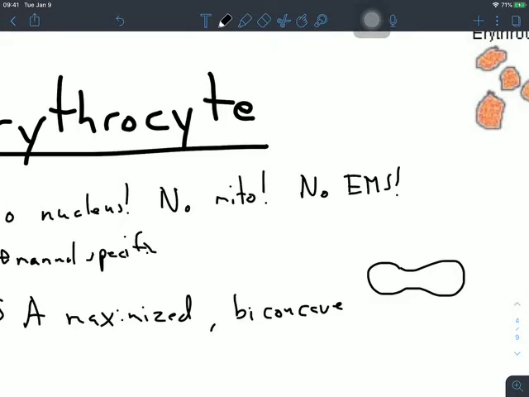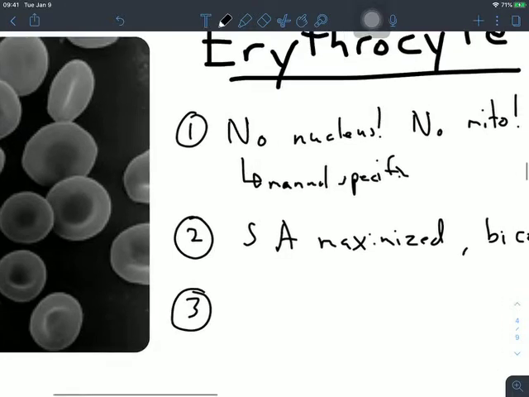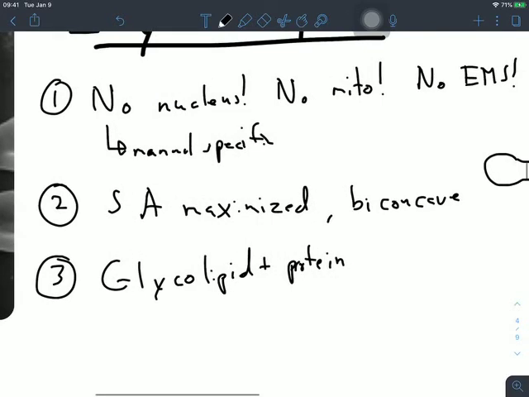Now, they do have some proteins and other identifying features on their plasma membrane to identify to the rest of the body what they are. So they do have glycolipids and glycoproteins on the outside, for identification and communication. Now, the identification system for these erythrocytes is something that you're likely to be familiar with.